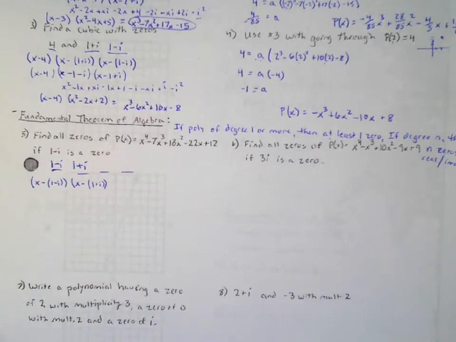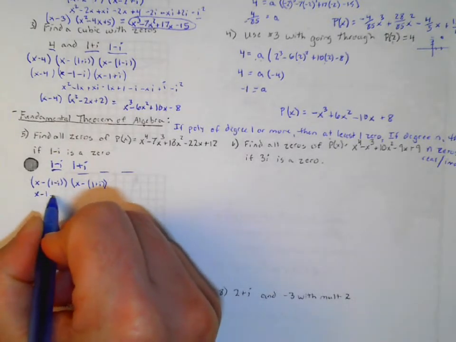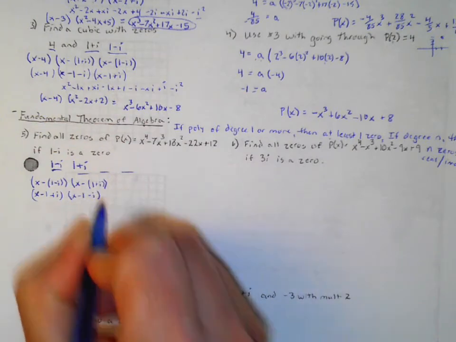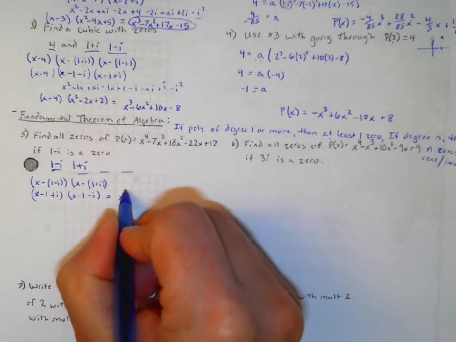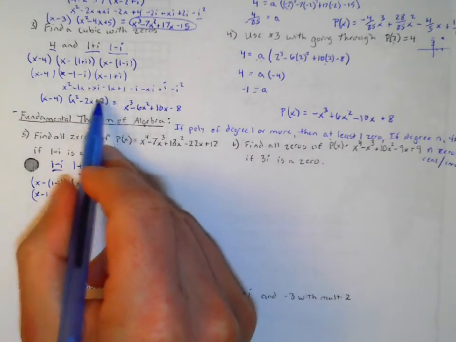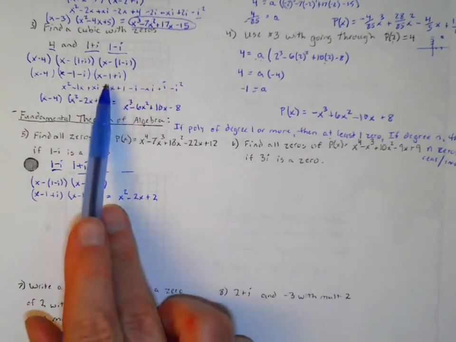Okay, and if I multiply that all together, same way I did up on the top, I'll just tell you it multiplies to be x squared minus 2x plus 2. Just multiply it the same way we did all this right here. Actually, it's the same one we just did up there.